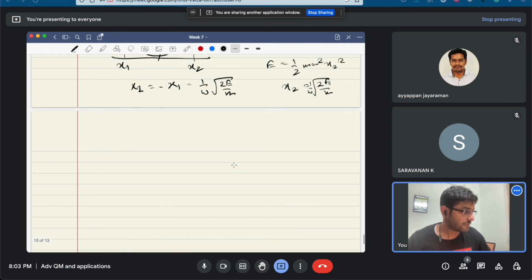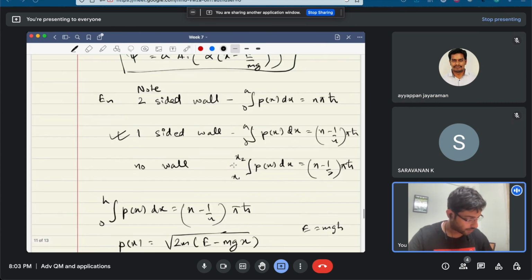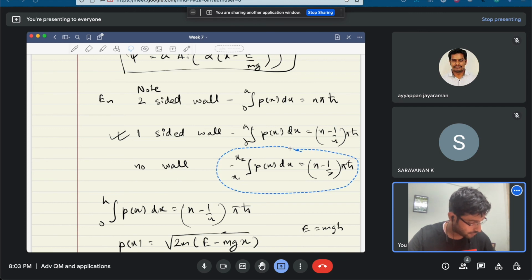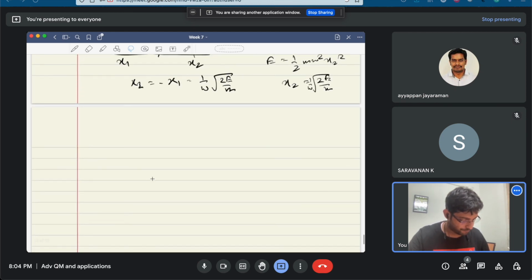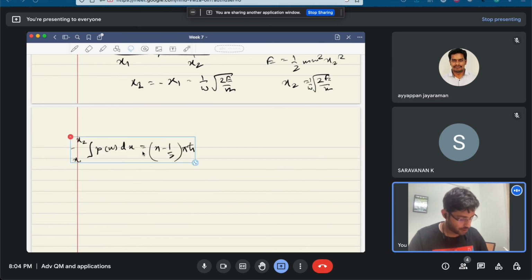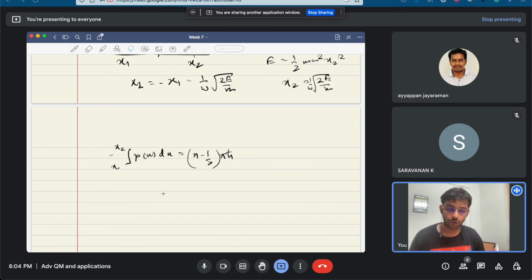Now, based on the tricks that we have here, let me just copy. Since there is no ball here, we are going to use the formula.